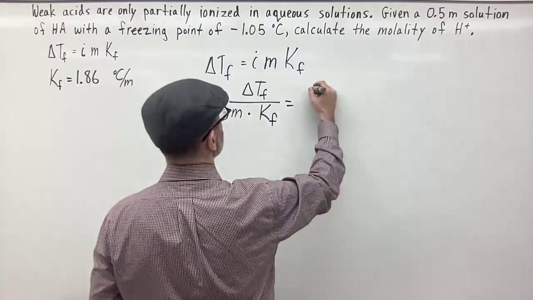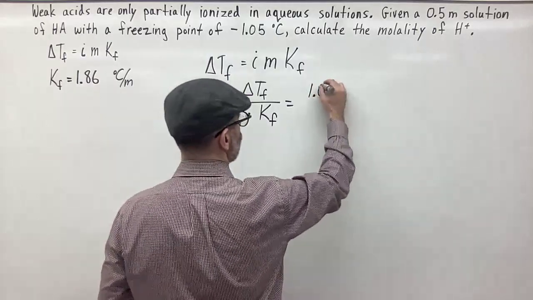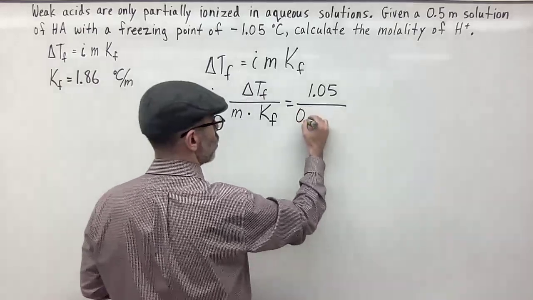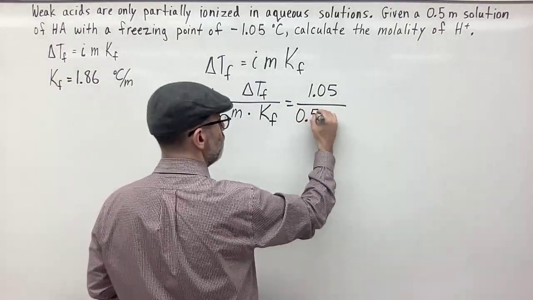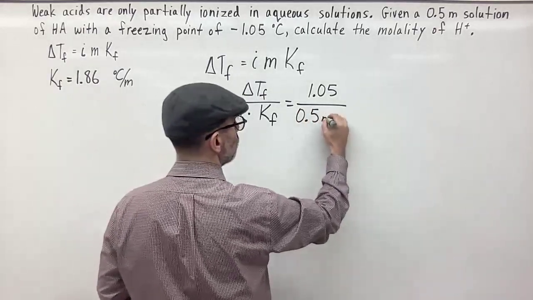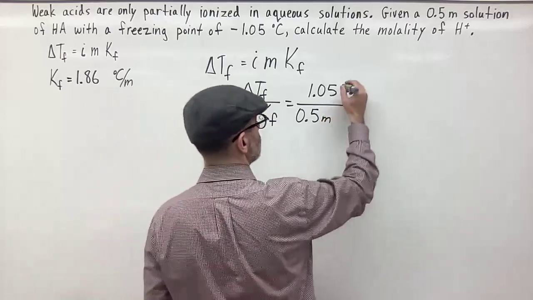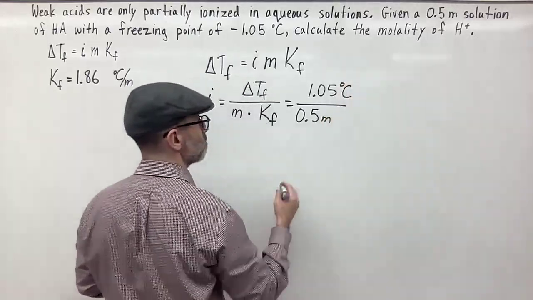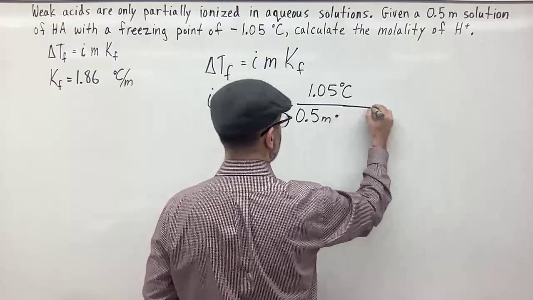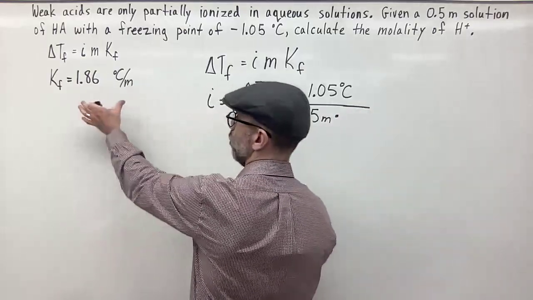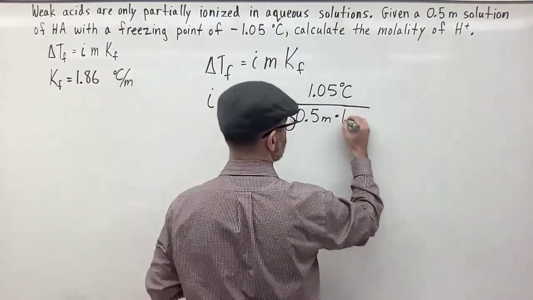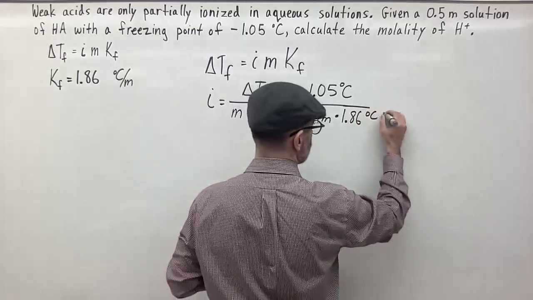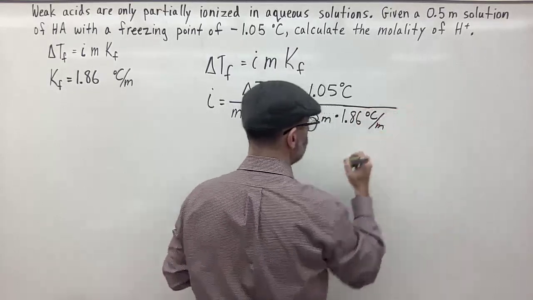So here it's going to be 1.05 for the change, divided by the molality, which is 0.5 molal, multiplied by Kf, which is 1.86 degrees Celsius per molal.